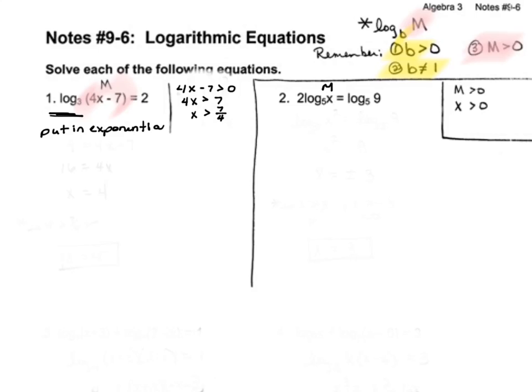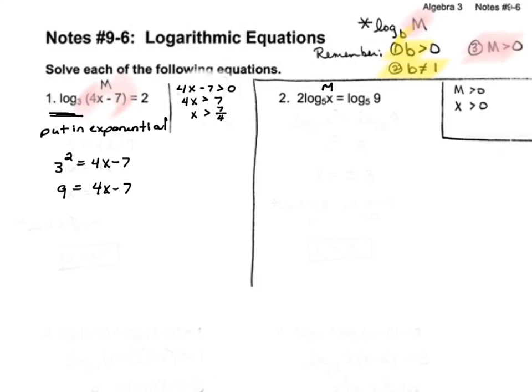To solve it, the way you put it in exponential form, remember, your base is the 3 to the exponent 2, and that equals 4x minus 7. Okay, 3 squared is equal to 4x minus 7, so 9 is 4x minus 7.